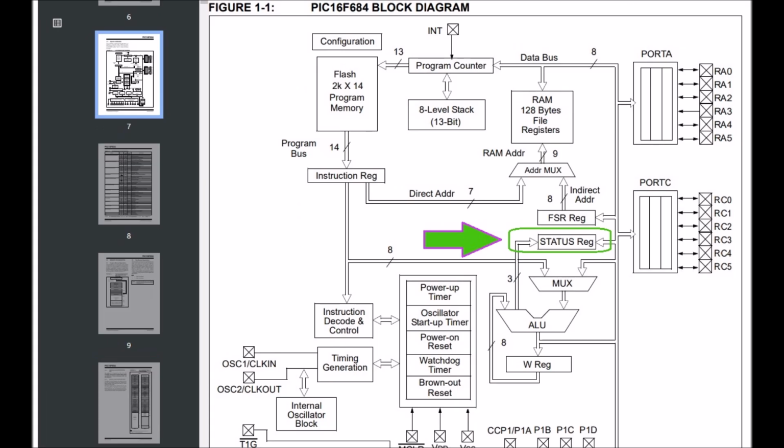Location in the block diagram. In the block diagram of this chip, the status register is typically depicted close to the arithmetic logic unit, ALU, and the CPU core. It interacts directly with the ALU and influences decision-making processes in the CPU.